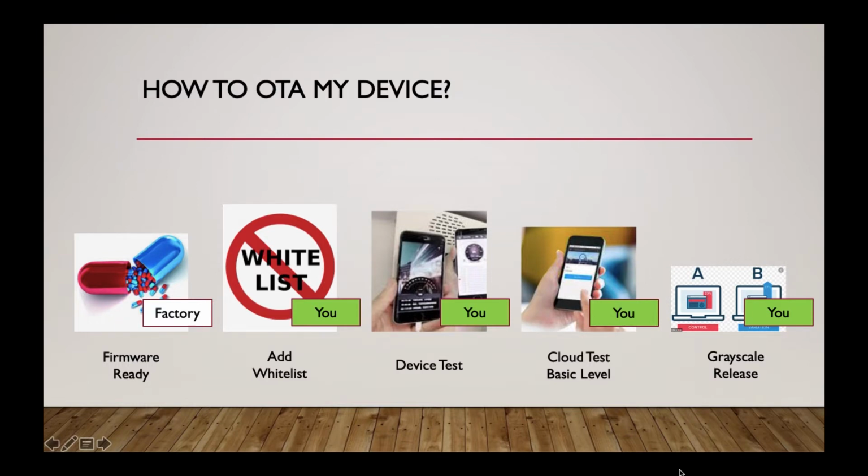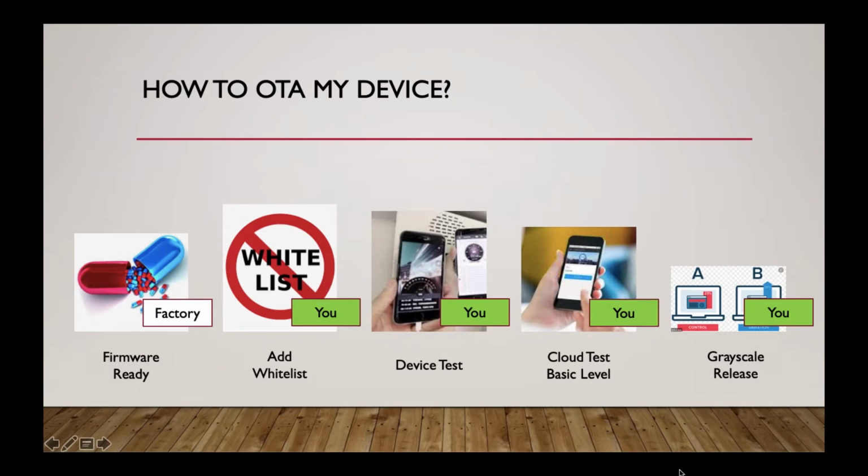Secondly, you need to add a whitelist to your existing samples on hand because it is quite risky to upgrade without testing. When you add the whitelist, you are able to test the devices on hand, and you will have a cloud test.